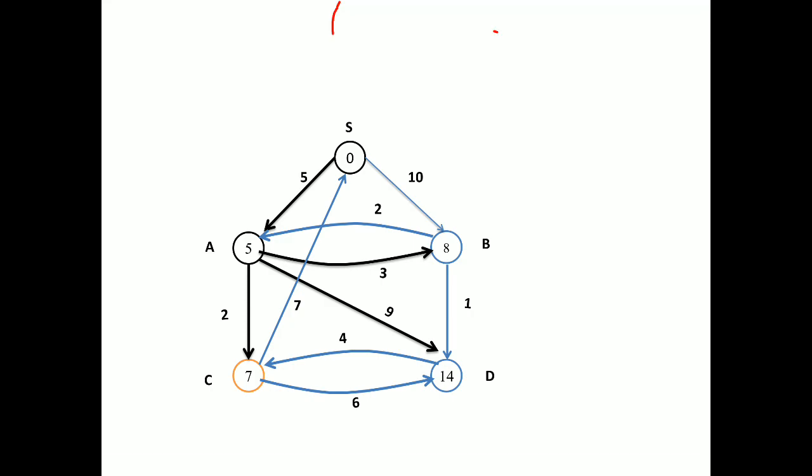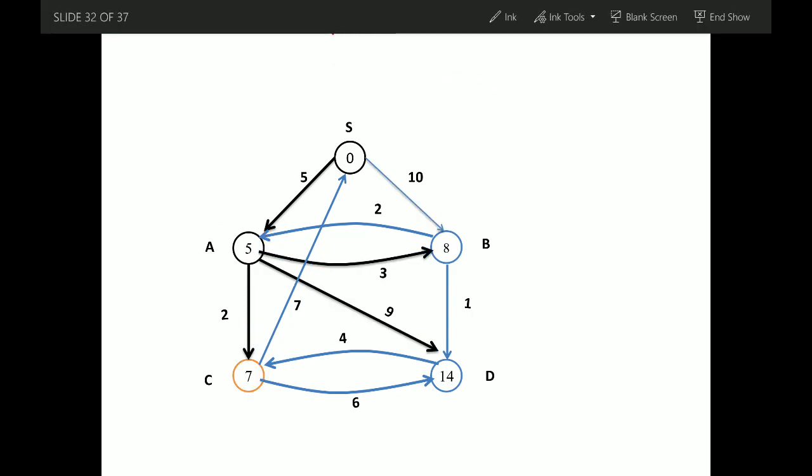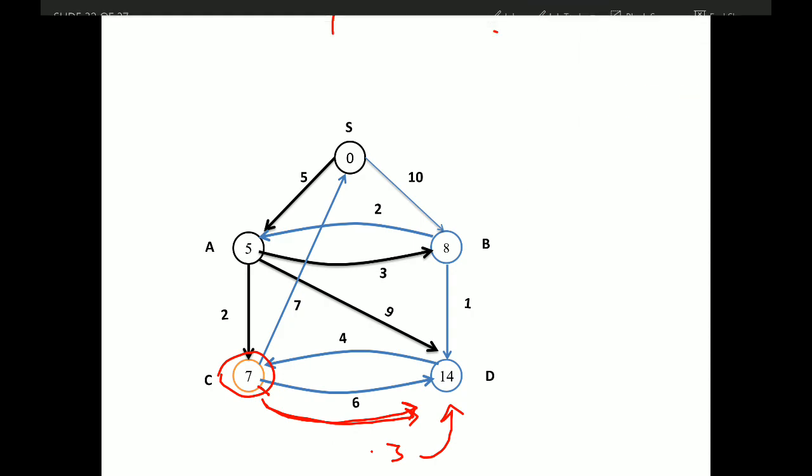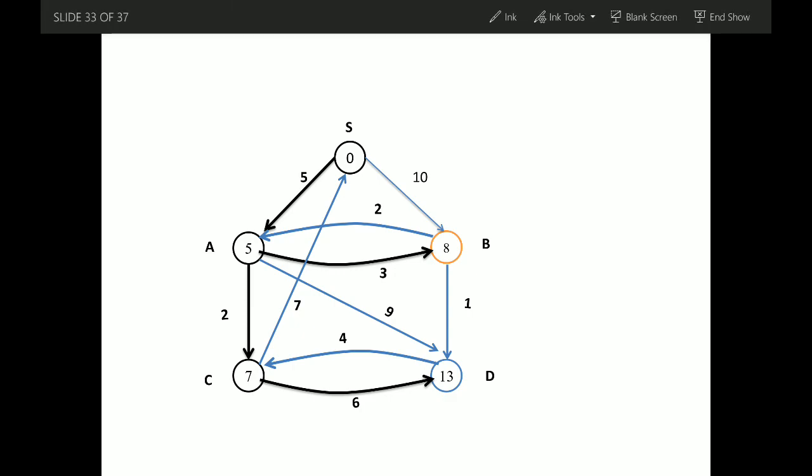So now in between C, B, and D we have the shortest path estimate of C, and the adjacent vertex of C is D. So we will relax this particular edge, and you can see 7 plus 6 is 13, which is less than the shortest path estimate of D. So we will update 14 to 13, and you can see in the previous diagram, initially the predecessor of D was A. Now the updated predecessor of D is C, and we have the shortest path estimate of this.